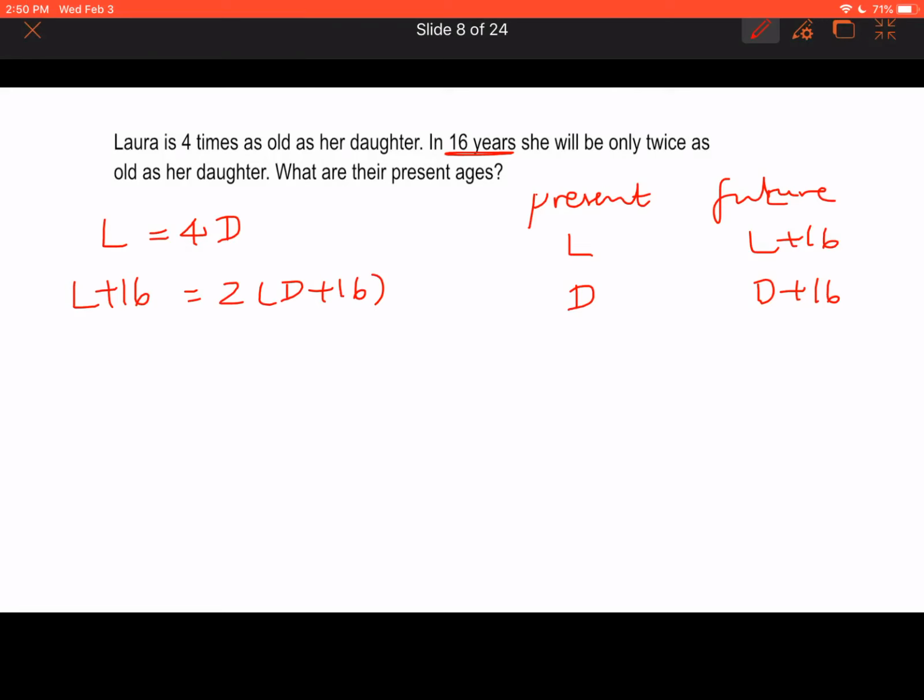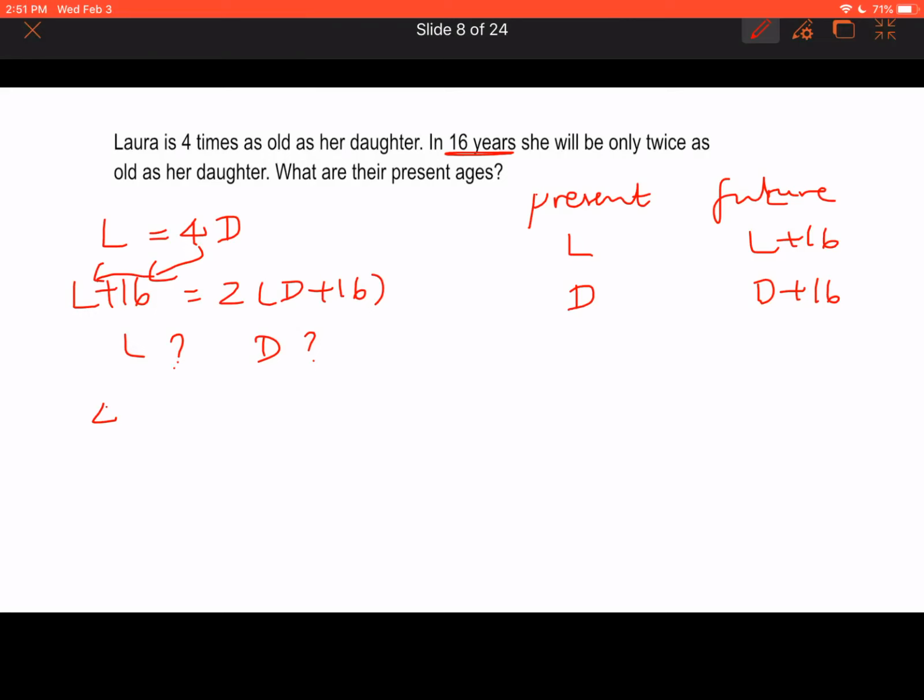So what are their present ages? That is, we want to find what L and D are. Once we get the equation, it's very easy. It's very normal to substitute and eliminate things and find the answer. Getting into the equation is tougher. We have to understand each and every word. Now we can substitute the value of L over here.